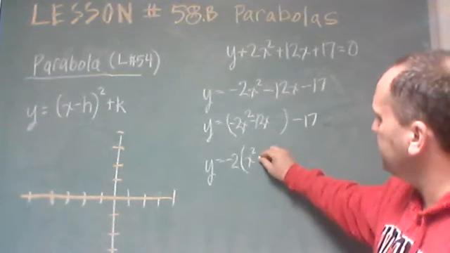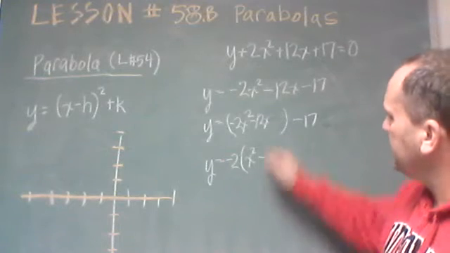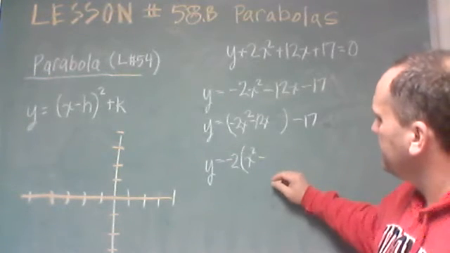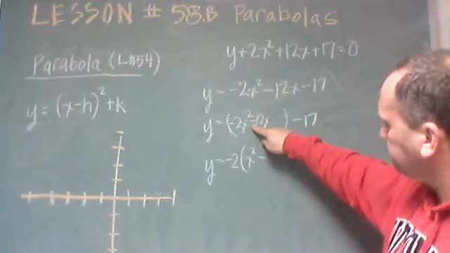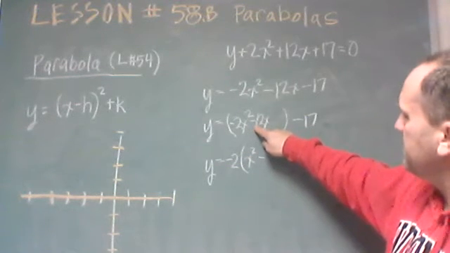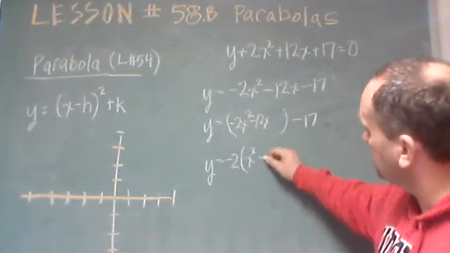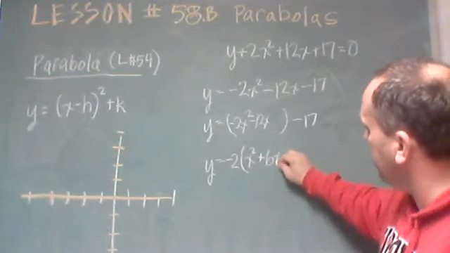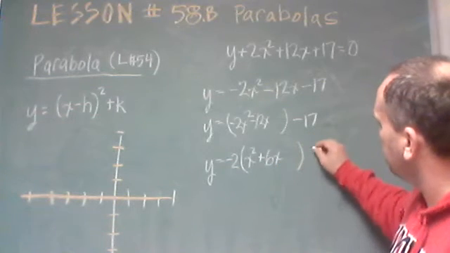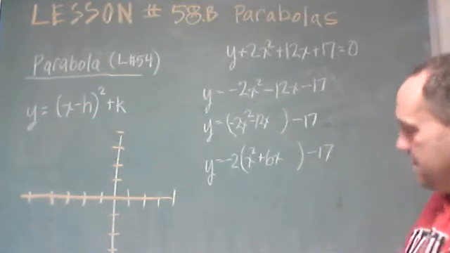Okay, I'm going to factor out a minus 2 for the second term. Now notice that second term has a minus already, so when I factor it out, that's going to be a plus 6x, okay, minus 17.